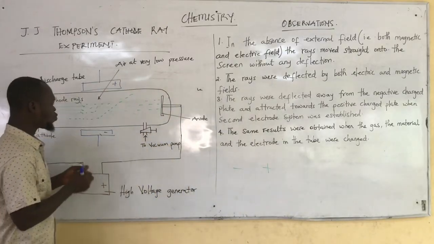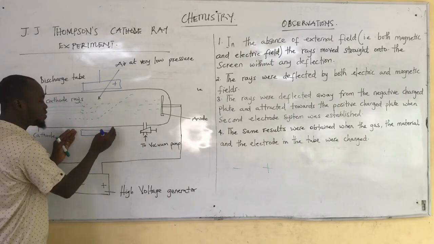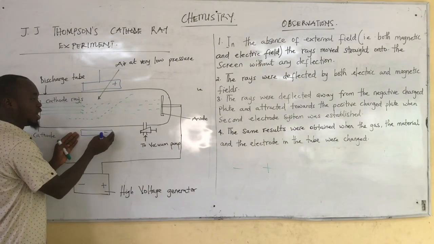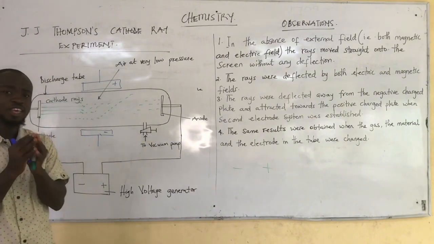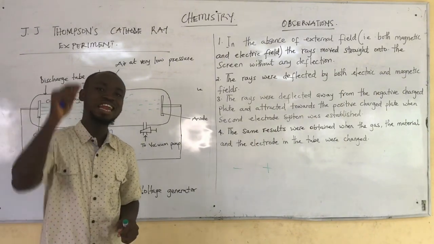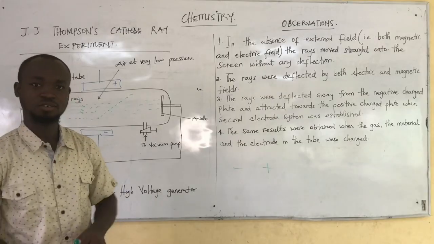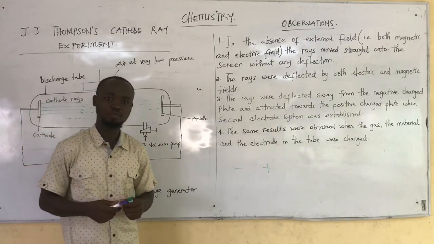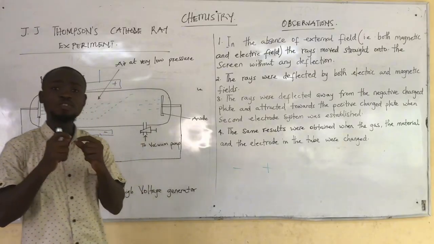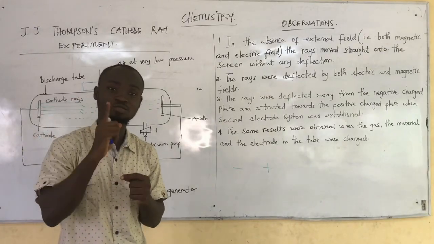Since the particles were bending away from the negative plate and moving towards the positive plate of the electric field, it indicates that these particles are negatively charged. So that was another observation and interpretation.